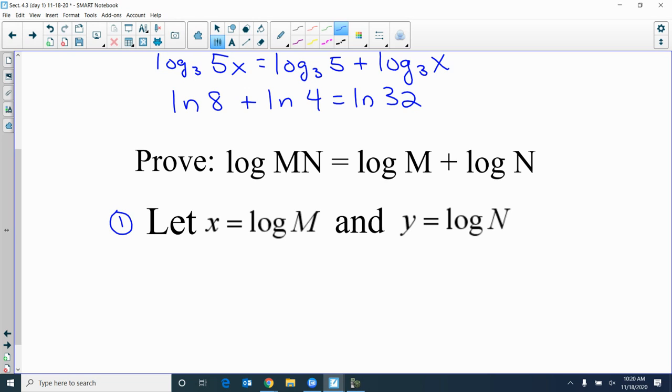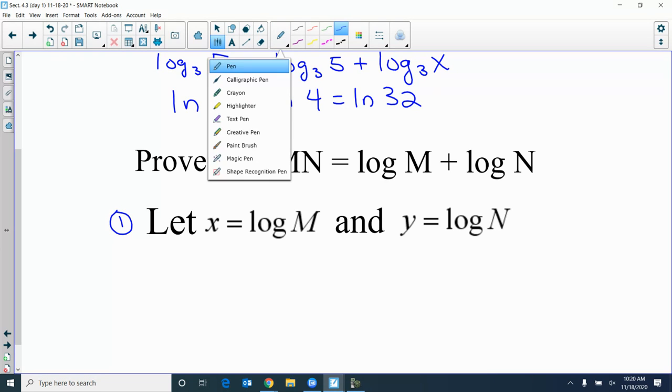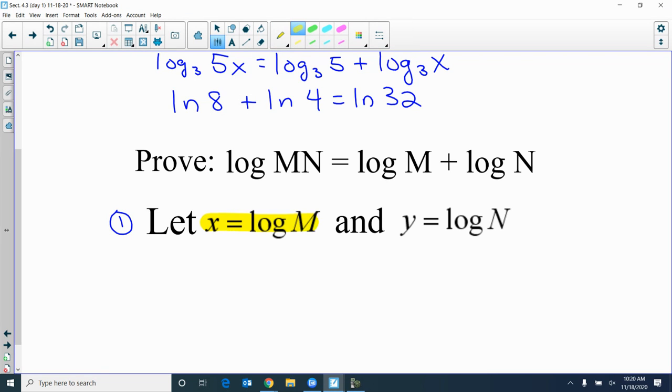Second step. Take each piece and convert it to exponential form. What I mean by that is take these two statements and convert to exponential form.